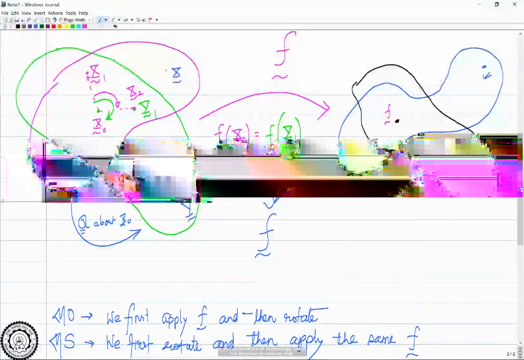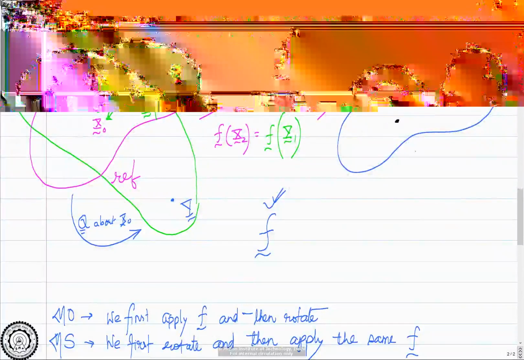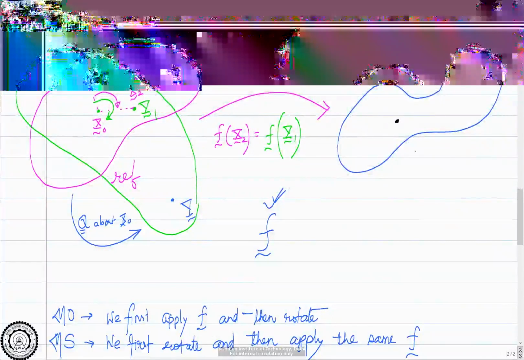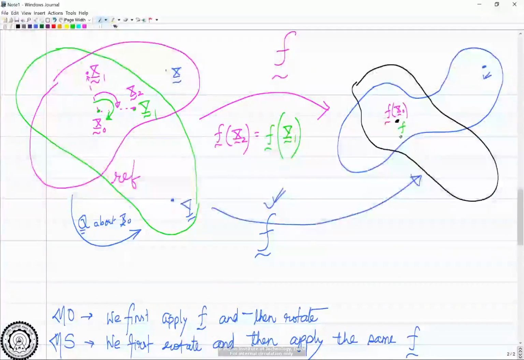What is happening here? So this is f of big X naught, and this is also the green one, f of big X naught, because X naught did not change due to rotation. Both are the same. Both points are at the same place.